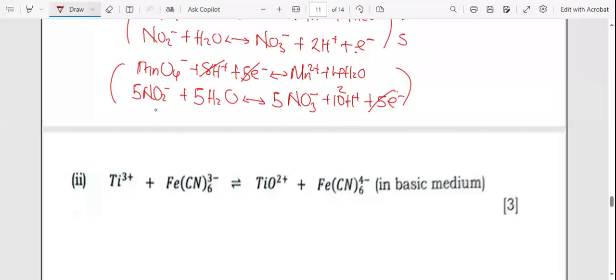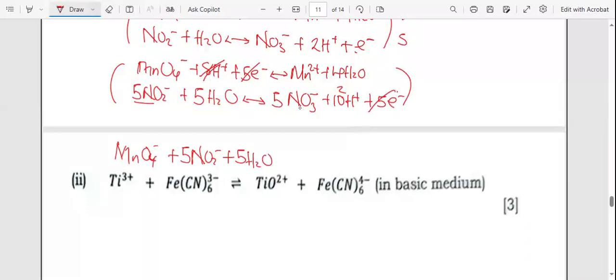So if I'm to do that one now, what we are going to say is, this has been cancelled. Will remain for only 2 hydrogens on the product part. So here I'll start now arranging it the way it was. So MnO4 negative plus, I'll write this if I want, 5NO2 negative plus these 5 water molecules, okay, 5H2.